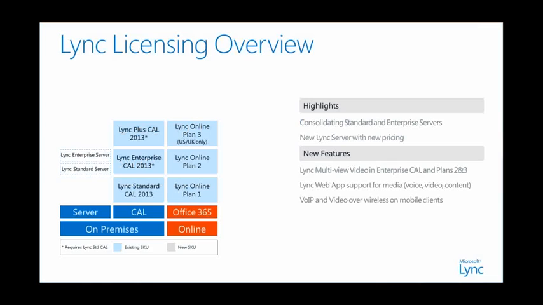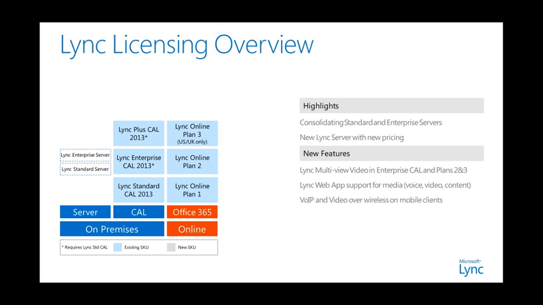Just as a starter, there are two sides to licensing Lync. Firstly, if you're going to be doing it on-premise, then there are server licenses and client access licenses. And if you want to do it through Office 365 or Lync Online, then there are various Lync plans and Office 365 plans. What's happened with the release of Lync 2013 is that there used to be two types of server licenses, the Lync Enterprise Server and the Lync Standard Server.